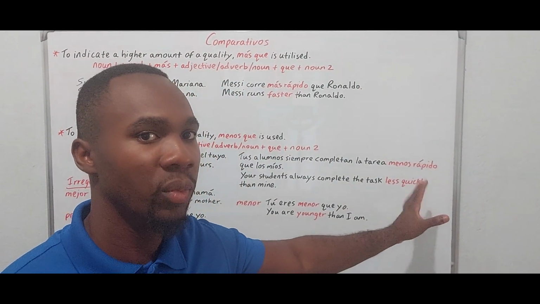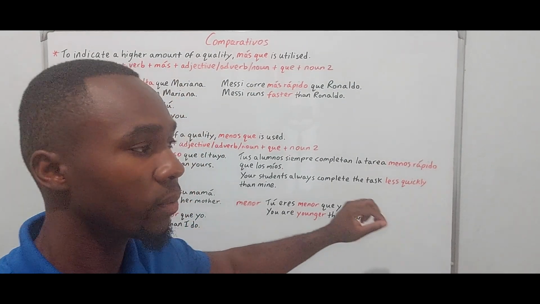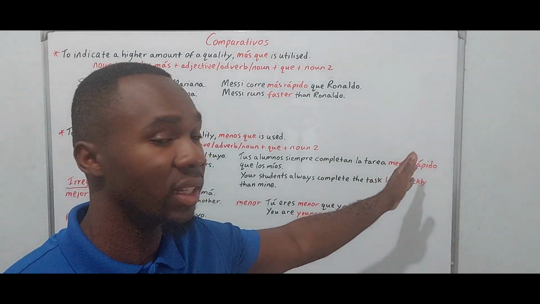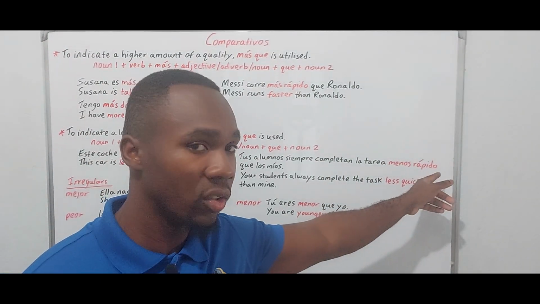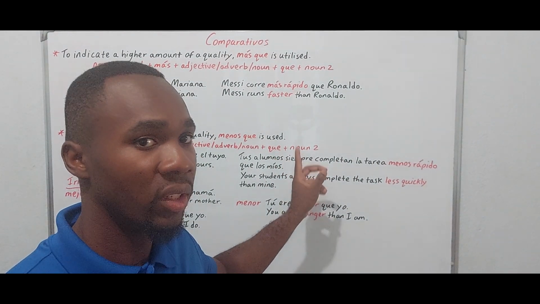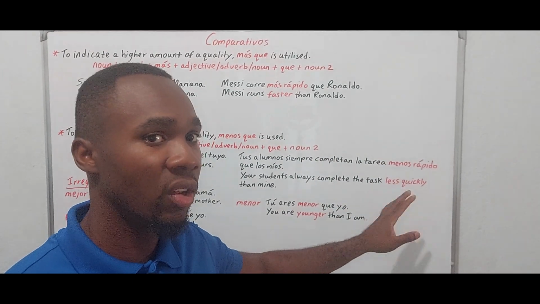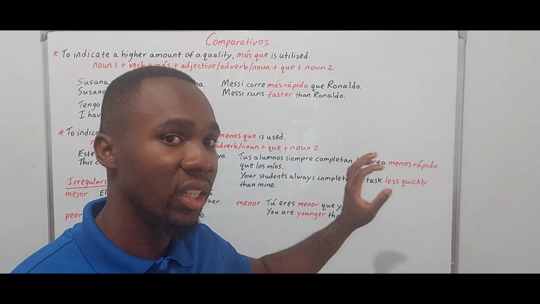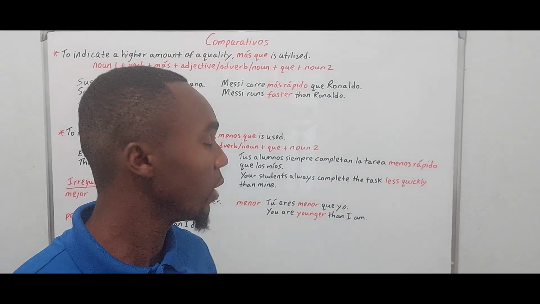But we can still say less quickly, okay? Now, once again, this is an example of an adverb. Now you see, rápido, and we have alumnos. So this is not an adjective, so it does not agree with the subject. This remains the same regardless of the subject, okay?